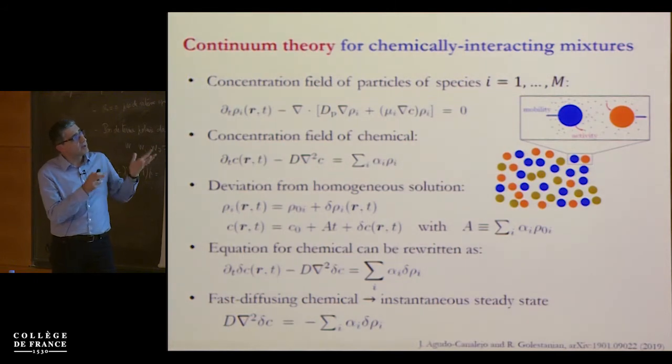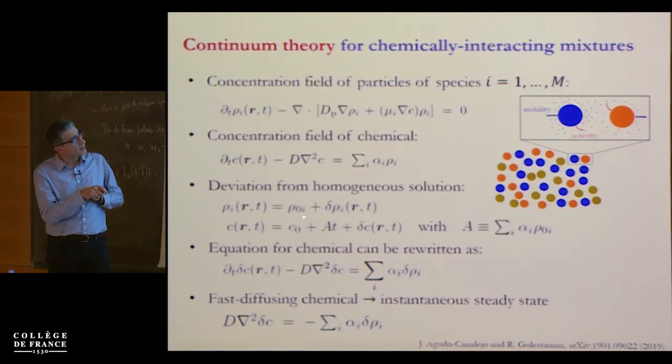This is a simplified version of the model; the more complicated model involves different kinds of chemicals as well as different types of colloids. Then you can expand around this homogeneous uniform solution, and expand for the concentration also.